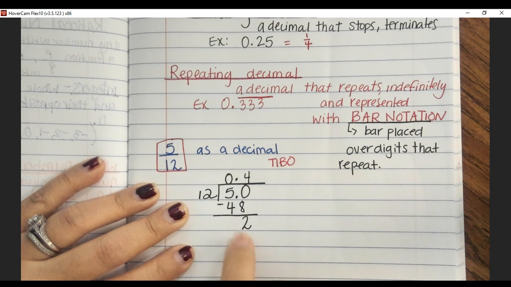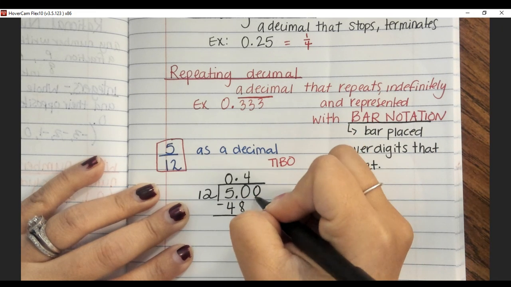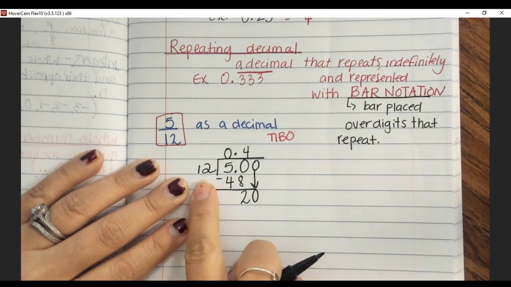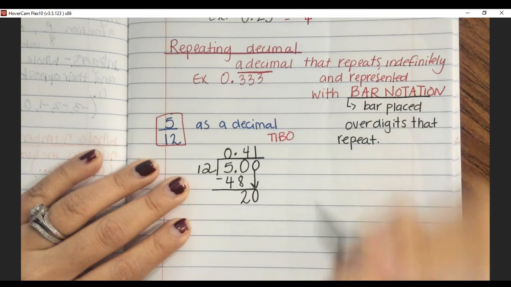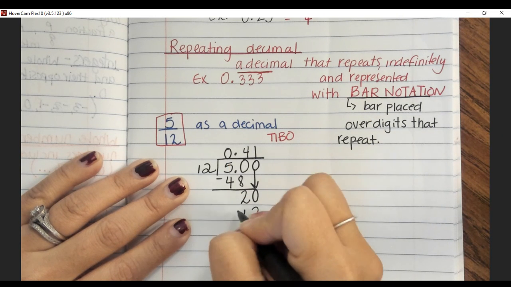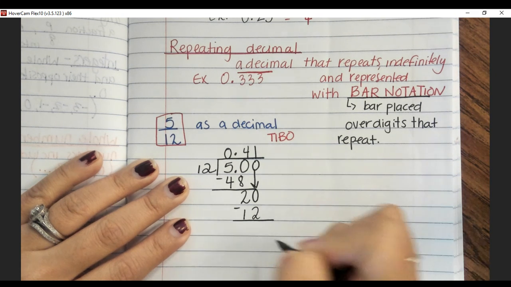Remember, our goal is to have remainder of 0. So I'm going to continue. I'm going to add another 0 here. So now I'm going to ask myself, how many groups of 12 are in 20? There's only 1. 12 times 1 is 12. I subtract 12 from 20 and I get 8.